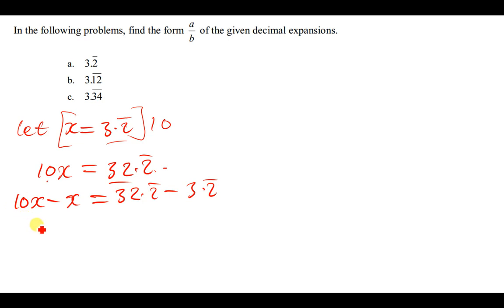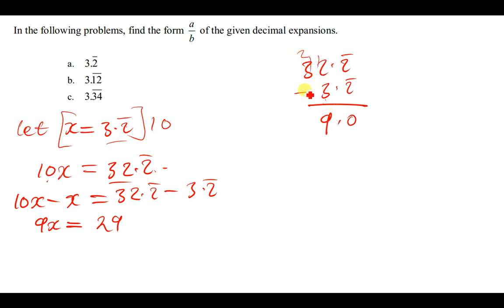From there, 10x minus x gives 9x, equal to 32.2 bar minus 3.2 bar. This is just giving us 29. How did I find that? 32.2 bar minus 3.2 bar: the 2 bar minus 2 bar gives 0. Then 2 minus 3 is the same as 12 minus 3, which is 9. We are remaining with 2 here. 2 minus 0 is 2, so we get 29.